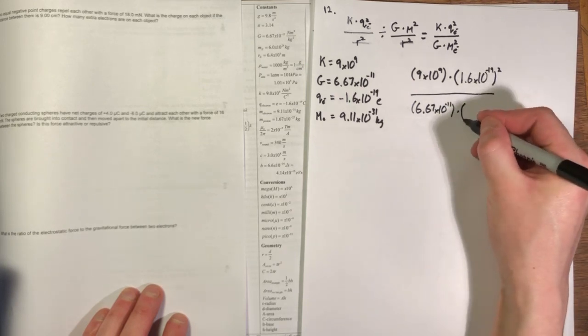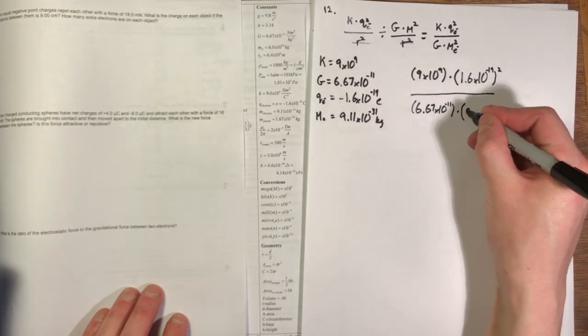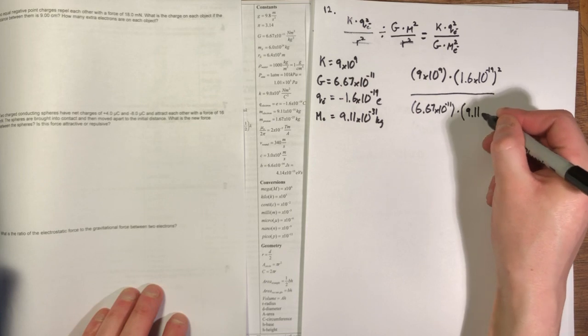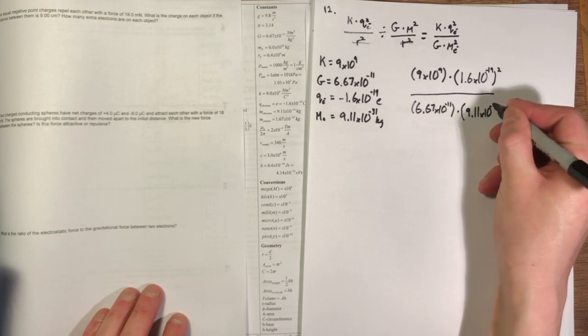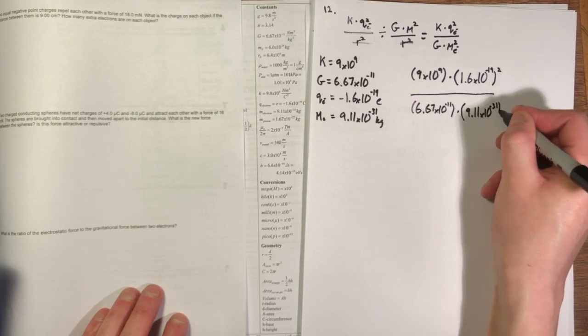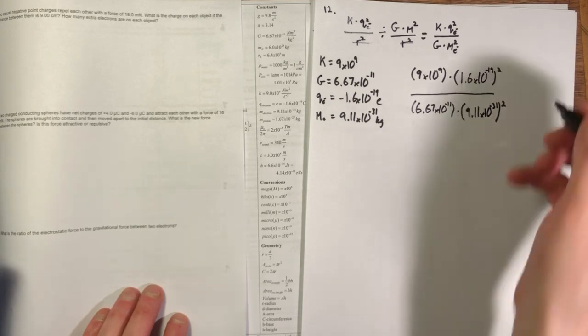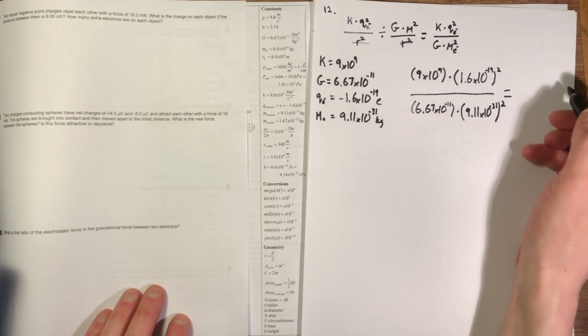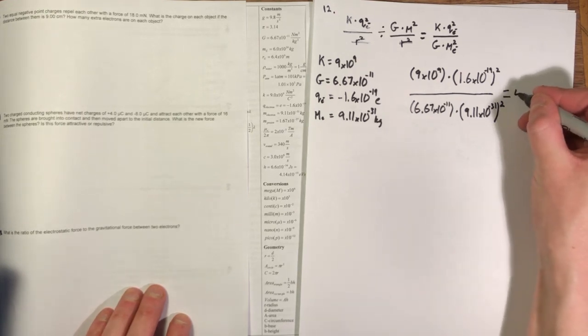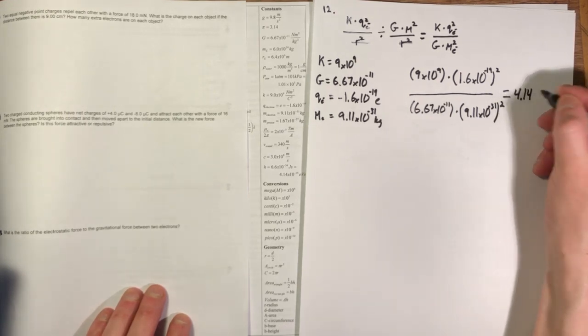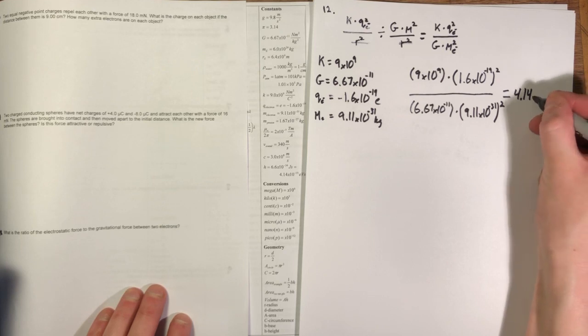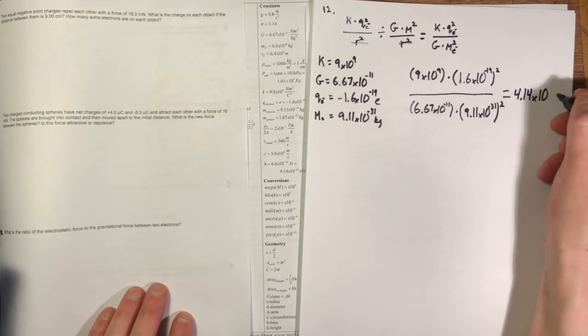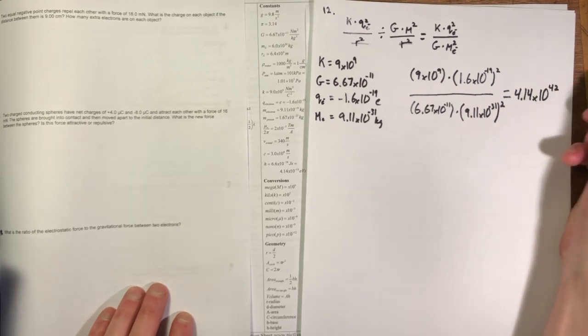Multiply that by 9.11 times 10 to the negative 31st. And oh yeah, we're going to square that too. So if you do that, you should end up getting 4.14 times 10 to the 42nd.